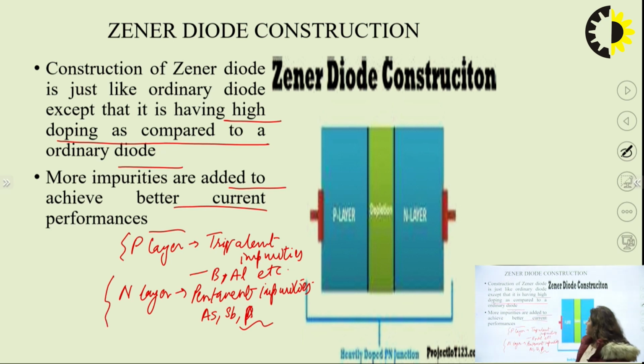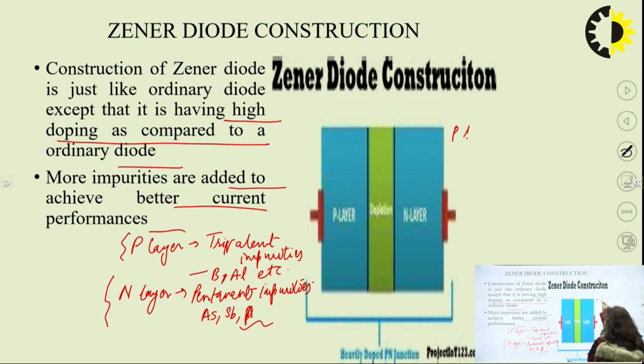So these types of impurities can be used for creating the P layer and the N layer of the Zener diode. Whenever you implant trivalent impurities, it will create an acceptor type of impurity, and more holes will be created. So that's why it will create your P layer. Similarly, when you implant pentavalent impurities, it will create more electrons.